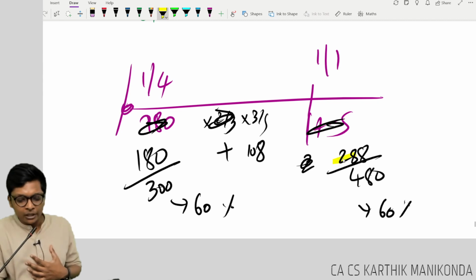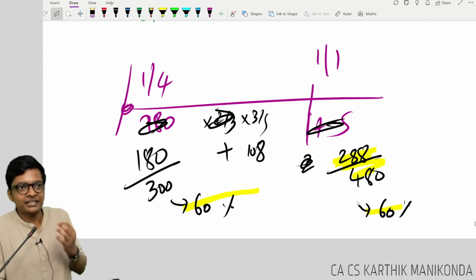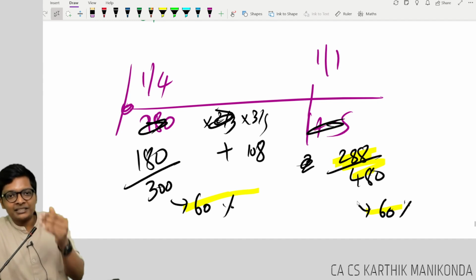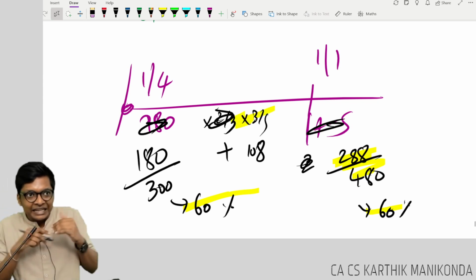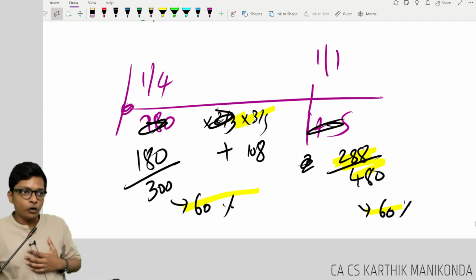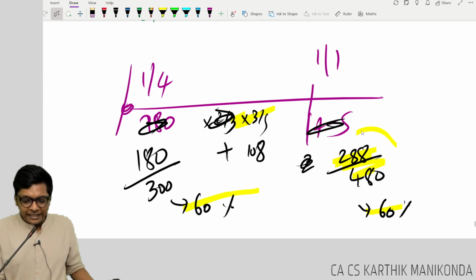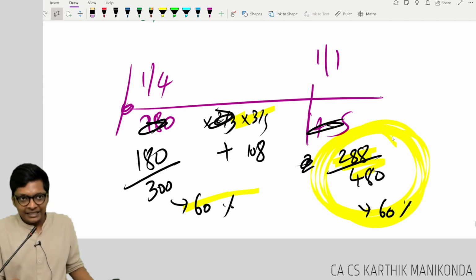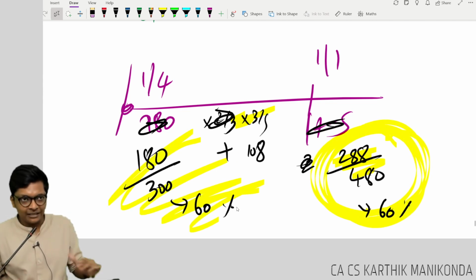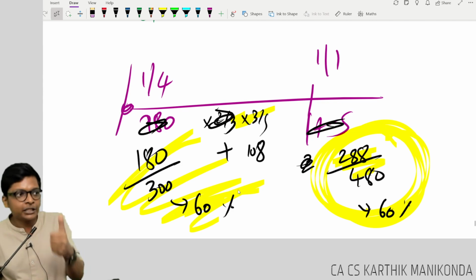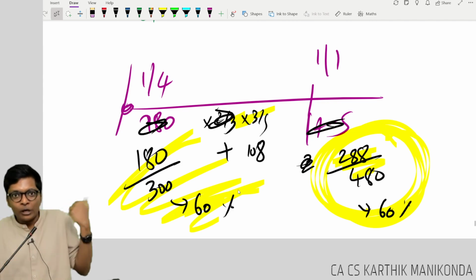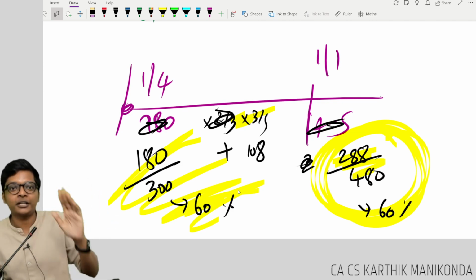I can't become holding after a bonus issue. Percentage maths, guys: percentage before bonus and percentage after bonus should be the same, because it's given in the same ratio to everybody. Are you following? His doubt was, he thought 60 came only here and here 60 was not there. Clarification: before bonus, after bonus, percentage is 60 only, because bonus is given to everybody including minority.